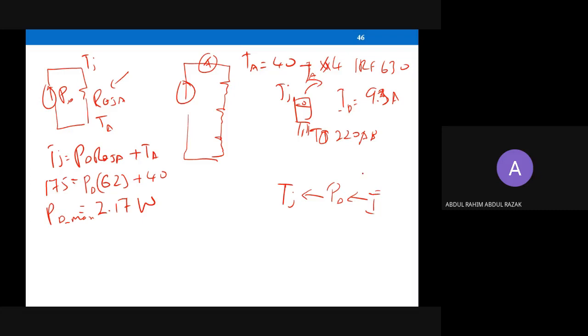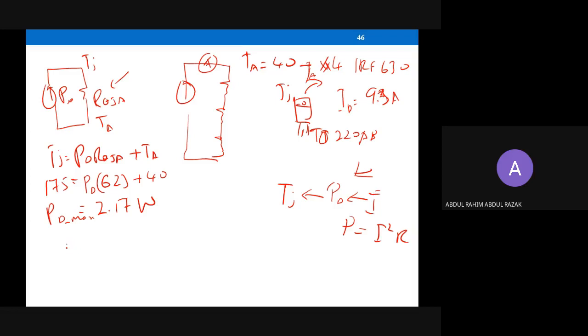If you use a non-controlled or semi-controlled device, you can use a graph to get your PD. If you use a MOSFET, which is fully controlled, it is equal to I squared R. For this device, PD is 2.17 watt. So how much is the current?